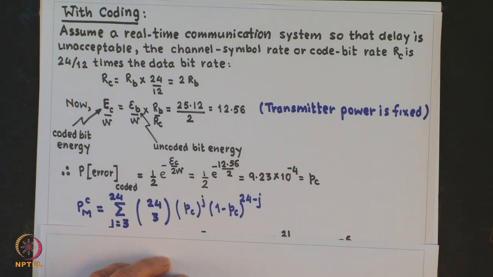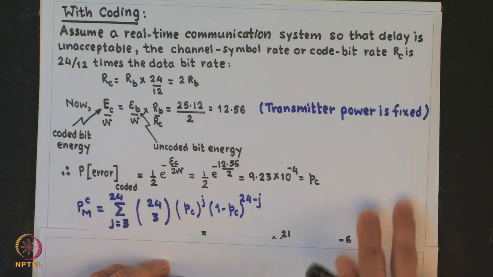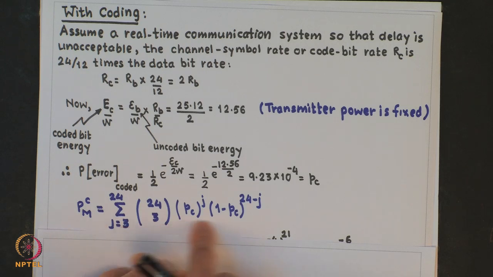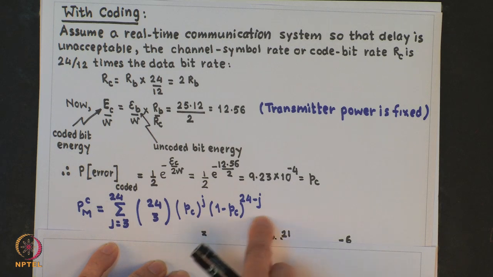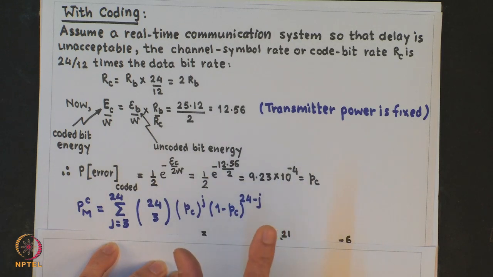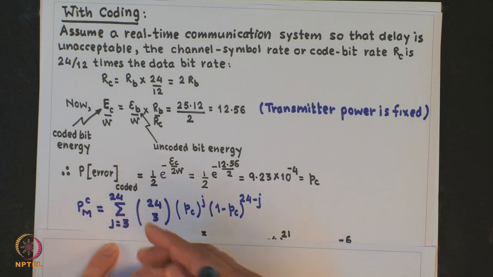Now, the probability of error which you will get after using the coding would be given by this formula. This formula is written based on the assumption that the 24,12 block can correct double errors. So, only when there are 3 or more errors, you will get error in the block.